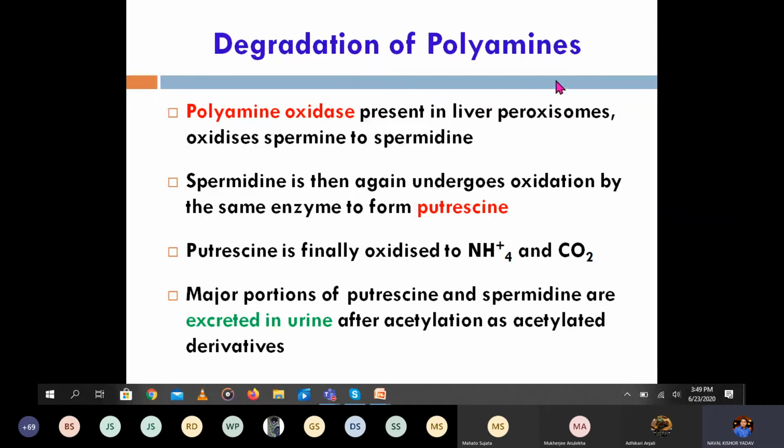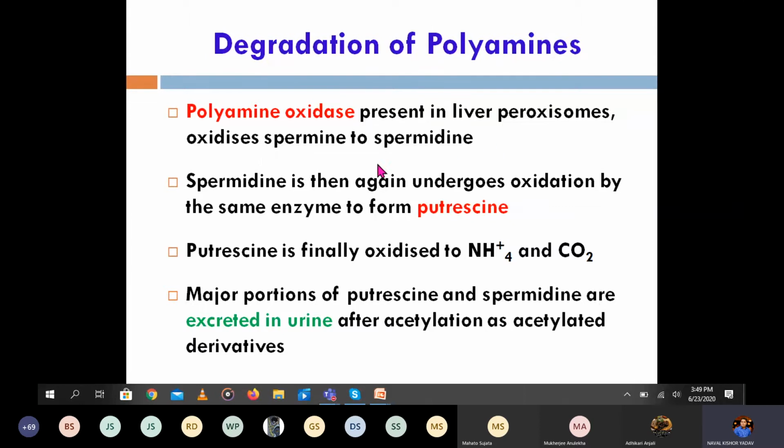Okay, in this way the polyamines undergo degradation. So you have to remember the oxidase enzyme, polyamine oxidase, present in the liver peroxisome, which oxidizes the spermine first to spermidine.